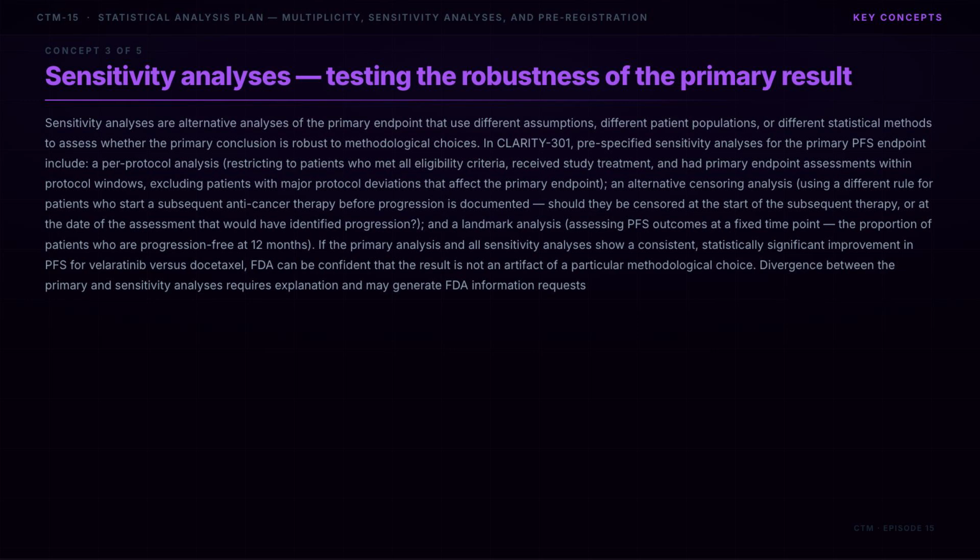An alternative censoring analysis, using a different rule for patients who start a subsequent anti-cancer therapy before progression is documented. Should they be censored at the start of the subsequent therapy or at the date of the assessment that would have identified progression? And a landmark analysis, assessing PFS outcomes at a fixed time point, the proportion of patients who are progression-free at 12 months.